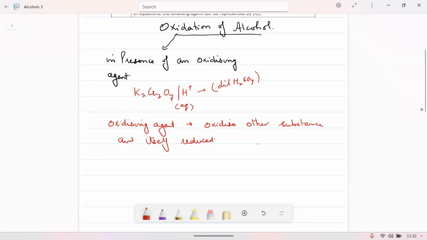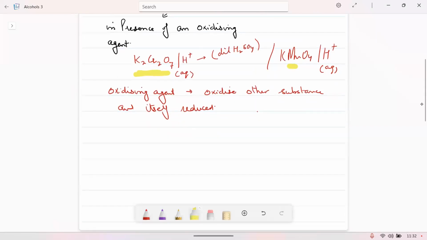Now, another important thing is, as I told you, there are other oxidizing agents also. Like for example, you have the KMnO4 in acidic medium. That is also used, but in your specification, they say ignore this one. So we will focus on the potassium dichromate.